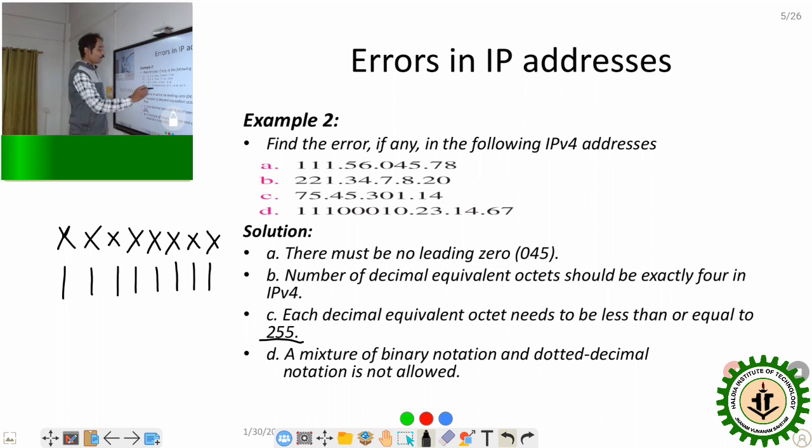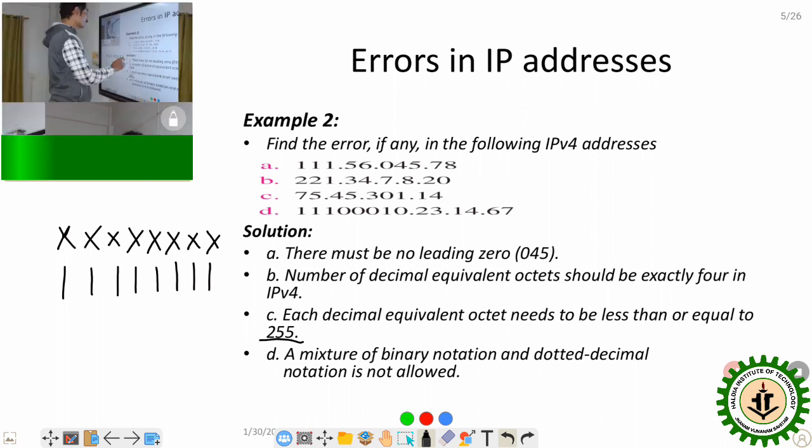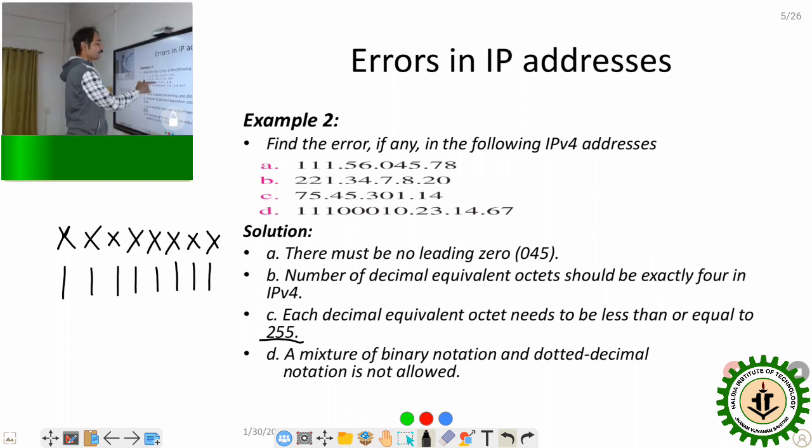Anything more than 255 violates the rule. So in the third one there is an octet which is 301, which violates the rule, so we definitely will not consider the third one.